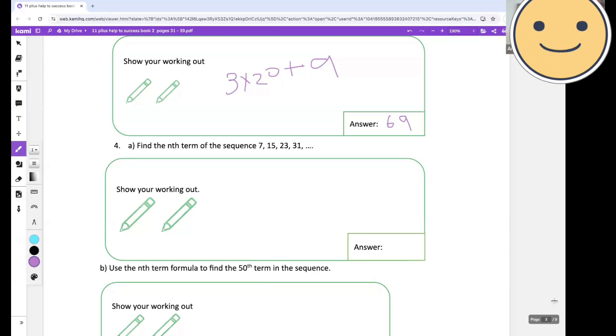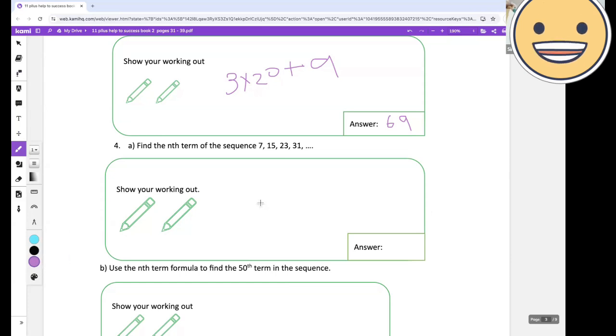Who wants to tell the sequence and do A and B, both the parts? Simran, you're so quiet today. Do you want to unmute yourself and try doing it? It's fine if you get it wrong also.